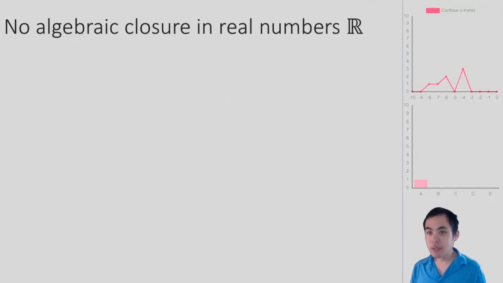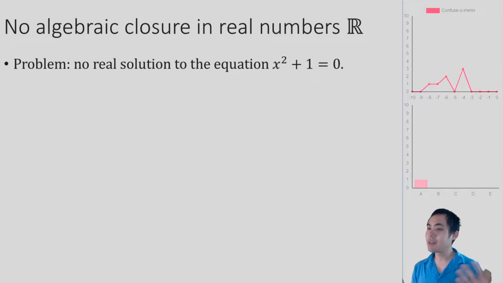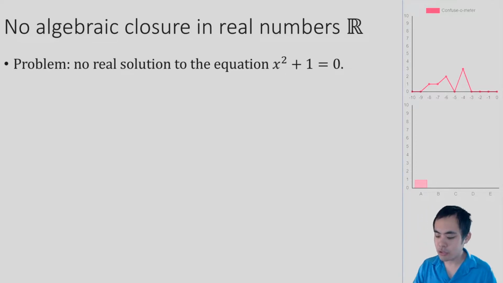So, it turns out that there's this really important property of real numbers, which is that there isn't something called algebraic closure. Now, what is this? This is a fancy math term for saying that occasionally you have equations that you don't have solutions to.